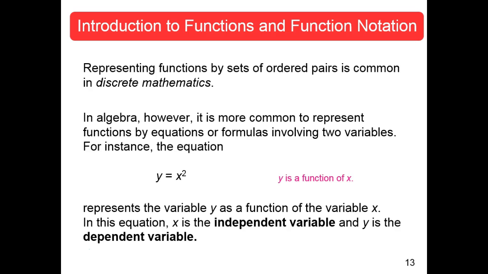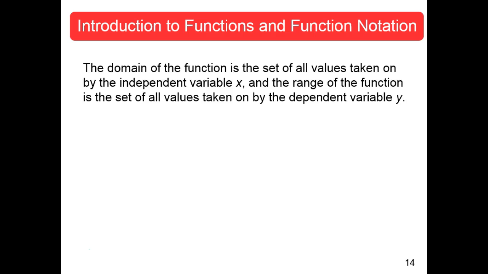It's independent. But once you give it to me, the y is fixed, because you square the x, and that gives me one and only one answer. That then means y depends on x. It depends on what you give me as the x, that'll determine the y value. Make sense? Okay.